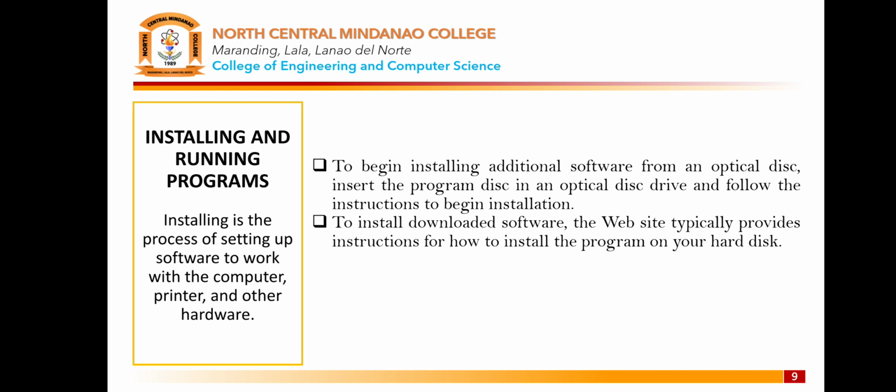There are two types: the operating system, such as Microsoft Windows or Mac OS, and the utility program like antivirus.